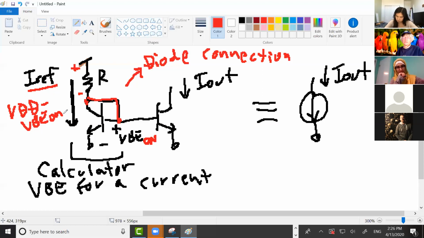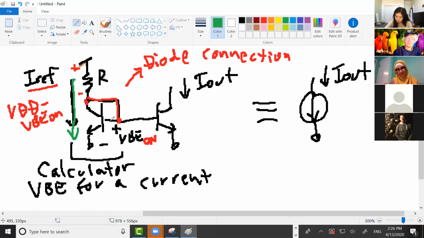Okay. So if you force that current through your transistor, now your transistor physics happens and VBE magically goes to the exact VBE that is needed for that current.